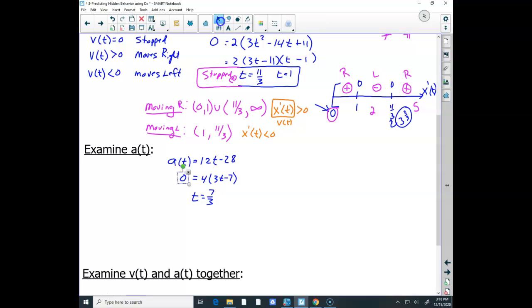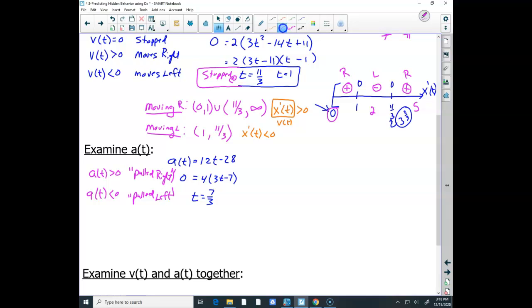What I should have talked about over here really quick, like I did with velocity, is that if acceleration is greater than 0, I'm being pulled right. And when A of t is less than 0, think of it as being pulled to the left.